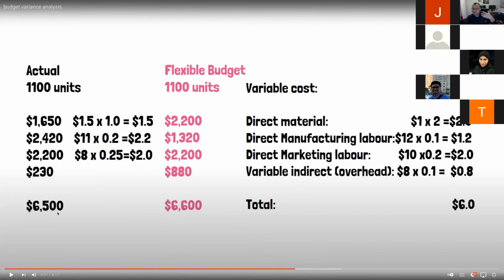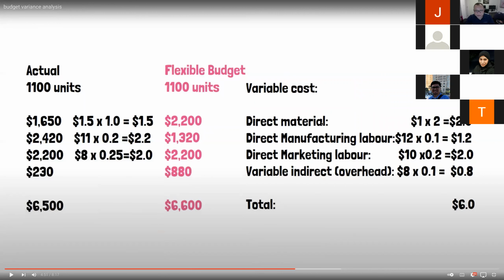That's the variable cost variance, the $100 favorable variance. And now you can see it's further broken down into materials, manufacturing labor, marketing labor, and variable overhead.